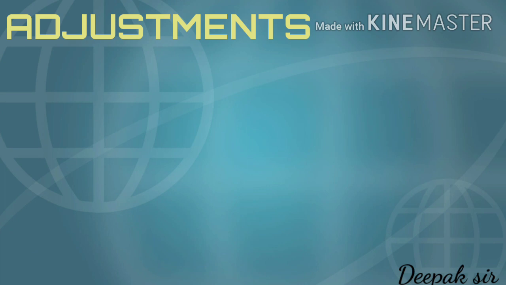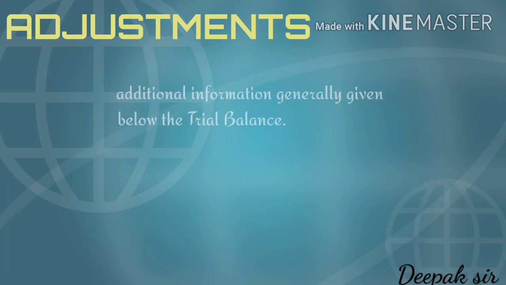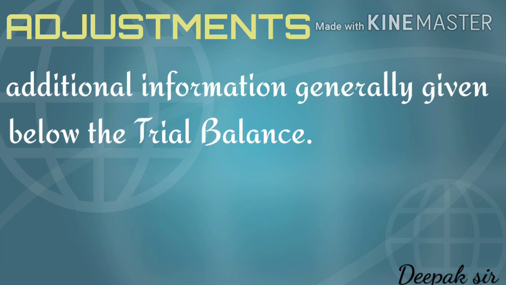Now let us see a few adjustments which are very common and will come in maximum problems. We are not going to see all the adjustments, we will see a few. Now first of all, what are adjustments? Adjustments are the additional information which are generally given below the trial balance.